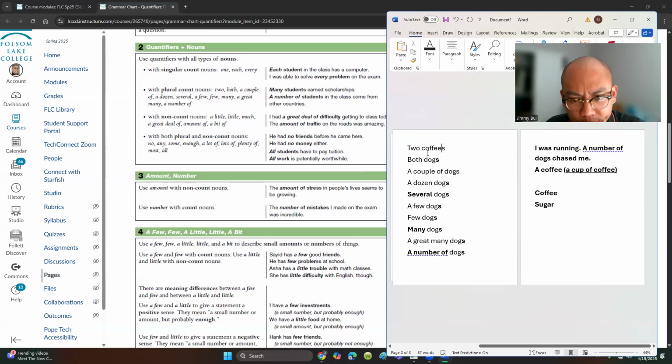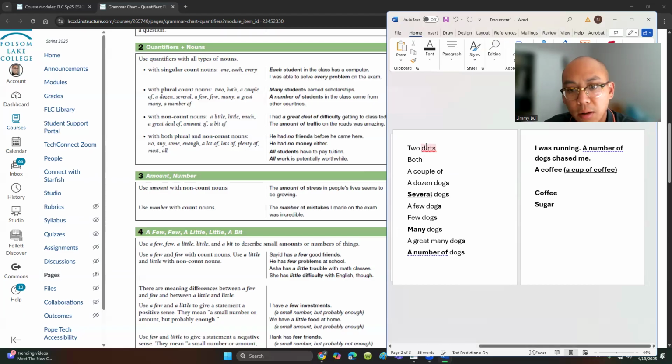But something that is definitively not countable, for the most part, is air, right? You cannot use these words with something like air or dirt. Two dirts, and then of course the plural form would be dirts, which is incorrect.